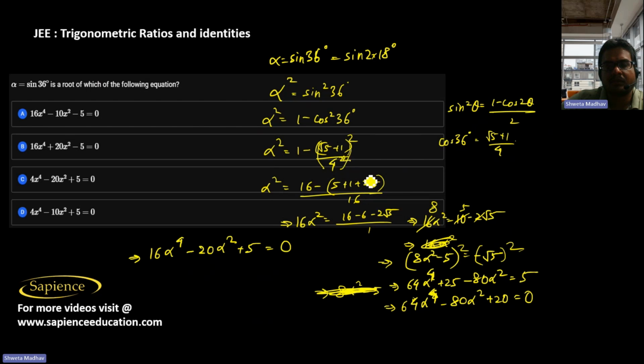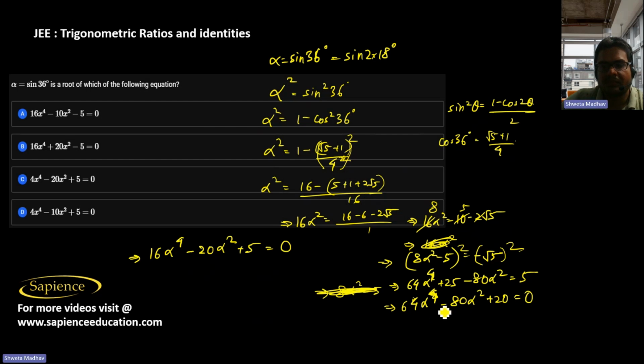So 5 plus 1 plus 2 root 5 by 16. So 16 alpha square is 16 minus 6, so 10 minus 2 root 5. So 8 alpha square minus 5 whole square is equal to minus root 5 whole square. So if you square both sides, we will get 64 alpha power 4 plus 25 minus 80 alpha square.